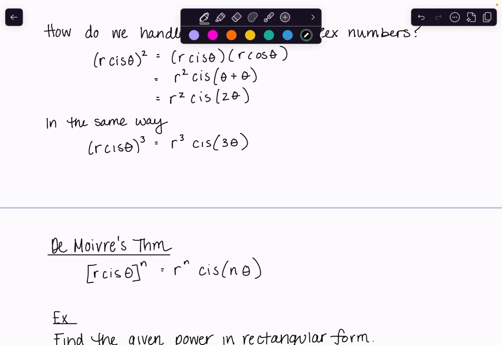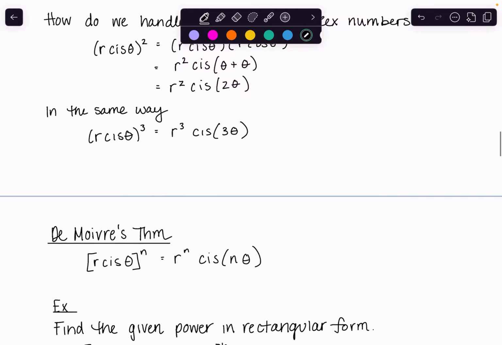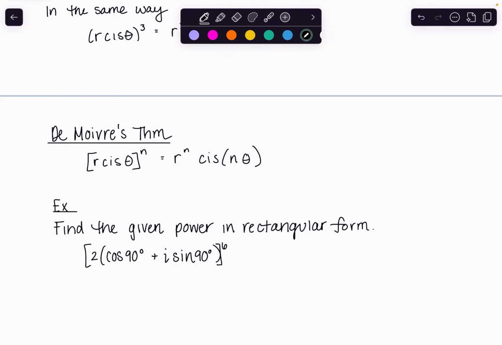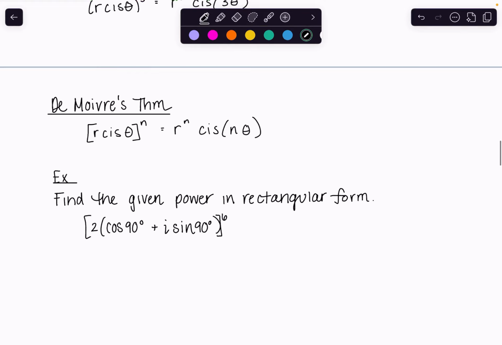So let's try an example of this. Let's go ahead and find the given power in its rectangular form. Okay. So what this really is saying is we're taking 2 cis 90 degrees and we're raising this to the 6th power. So applying de Moivre's theorem, that gives us 2 to the 6th.